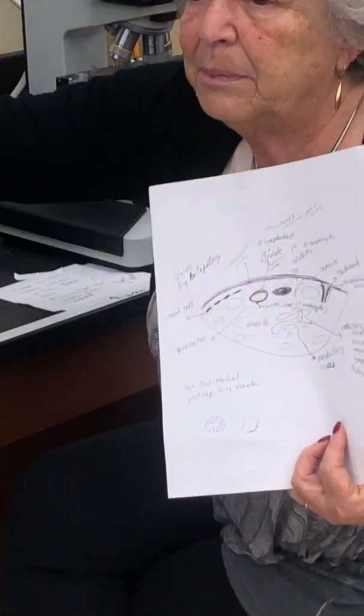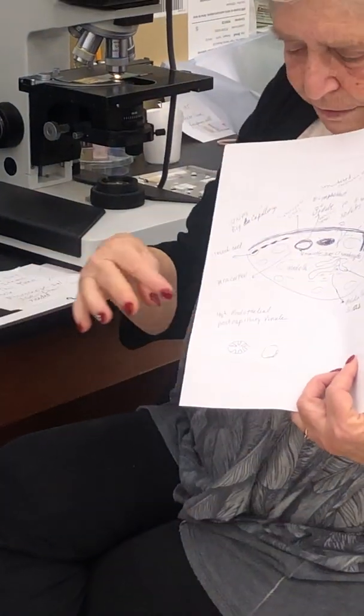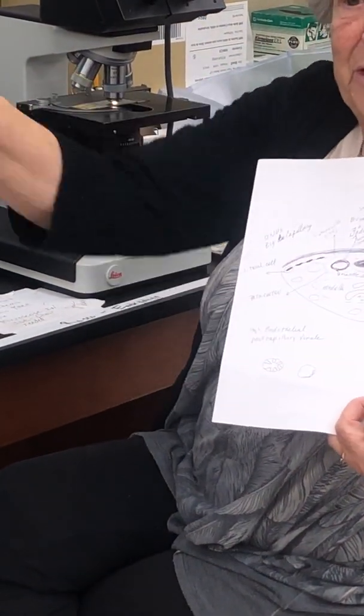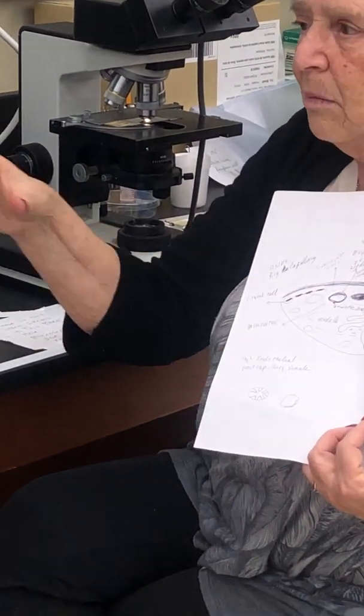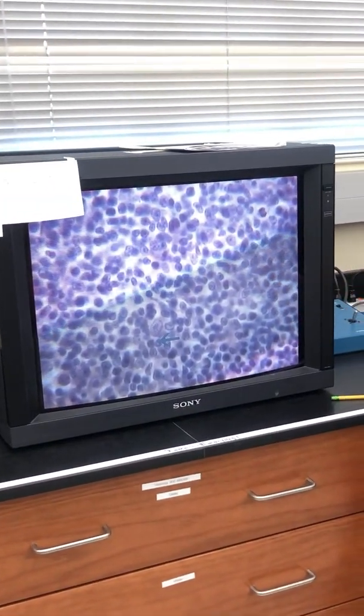They tend to populate this paracortex, and they run through the paracortex, and then the cells come out from that paracortex and start populating other areas.